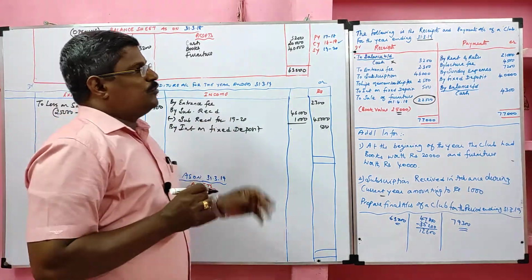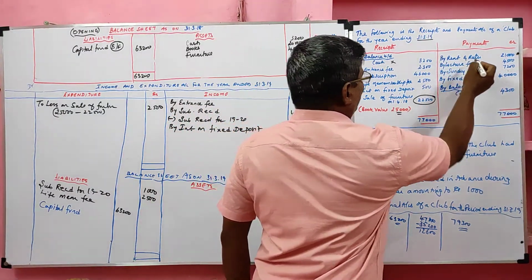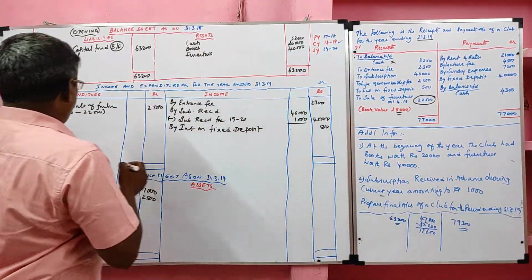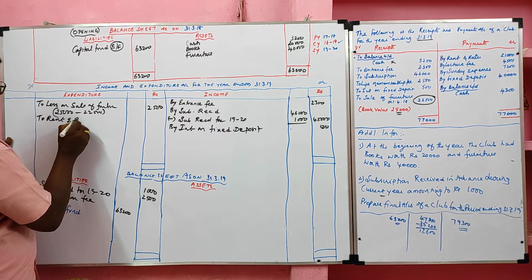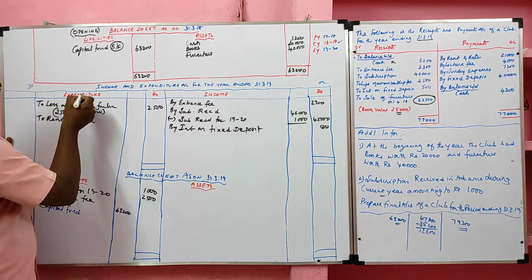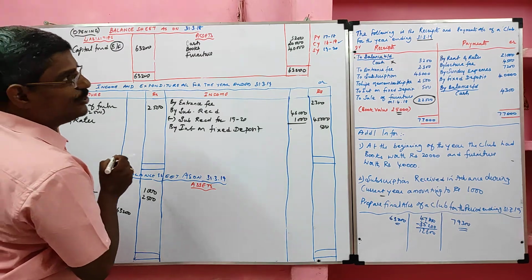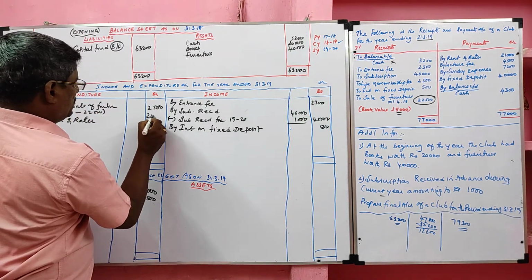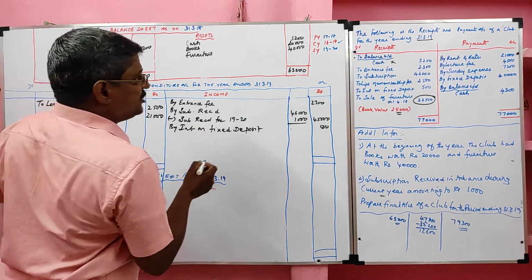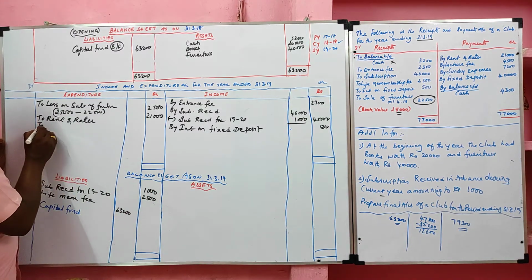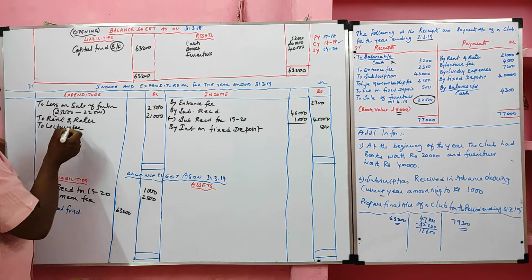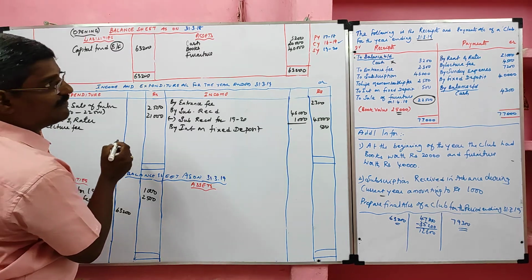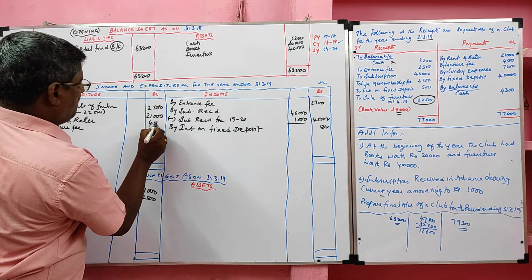Then move to the payment side. Rent and rates is a revenue expense debited to the expenditure side, value 21,000. Then lecture fee is a revenue expense recorded in the expenditure side, value 4,500.